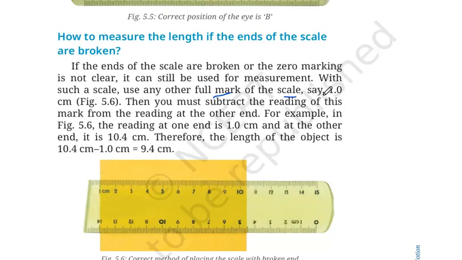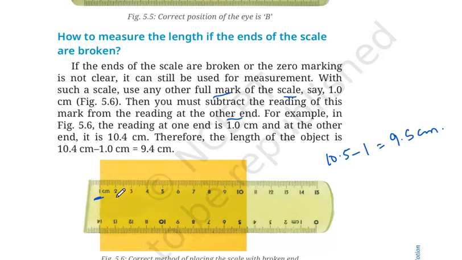Say 1 centimeter. Then you must subtract the reading of this mark from the reading at the other end. What does this mean? Suppose you're starting not from 0 but from 1. Then how much are you getting? 10.5, right? So you're going to subtract 1 from 10.5 and you will get the correct reading, that is 9.5 centimeter.